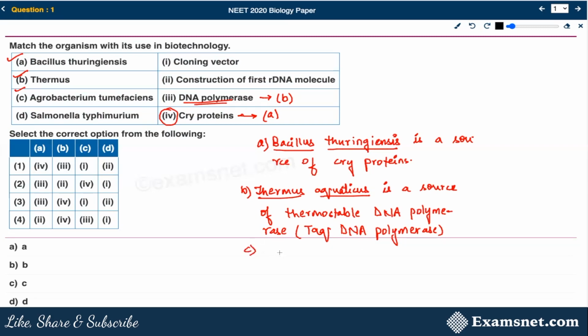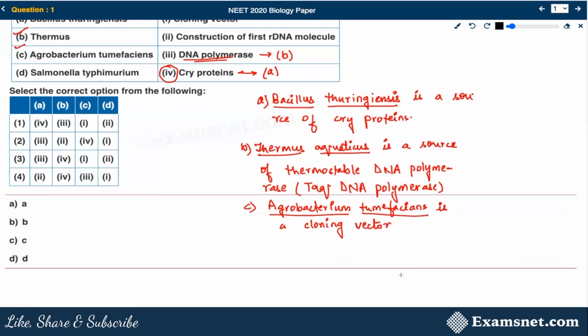So Agrobacterium tumefaciens is not a source, but actually a cloning vector. Clear?